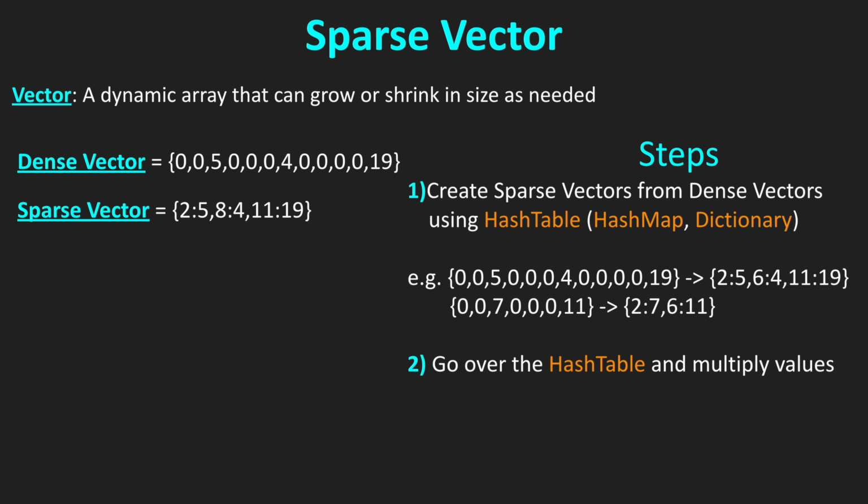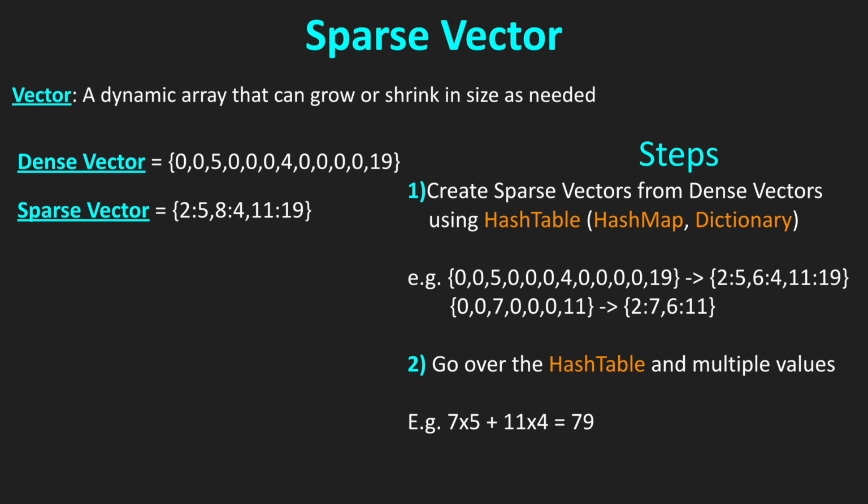For example, there is no need to multiply the indexes where both elements are 0, or where one element is 0 and the other is non-zero, since the result would be 0 anyway. So we are multiplying only those cases where both vectors have non-zero elements at the index. For example, at index 2, in the first vector we have the value 5, and in the second we have 7, right?